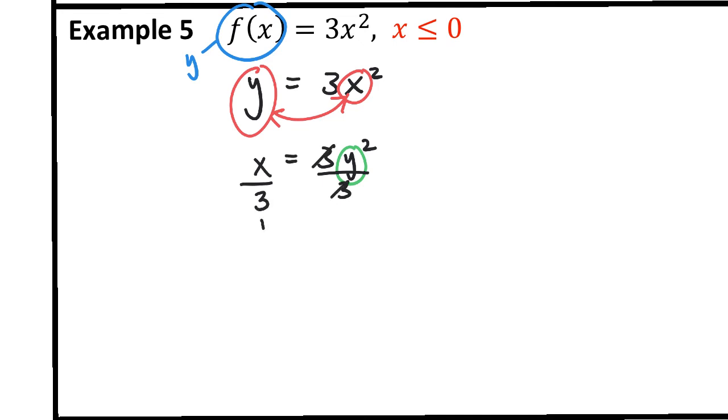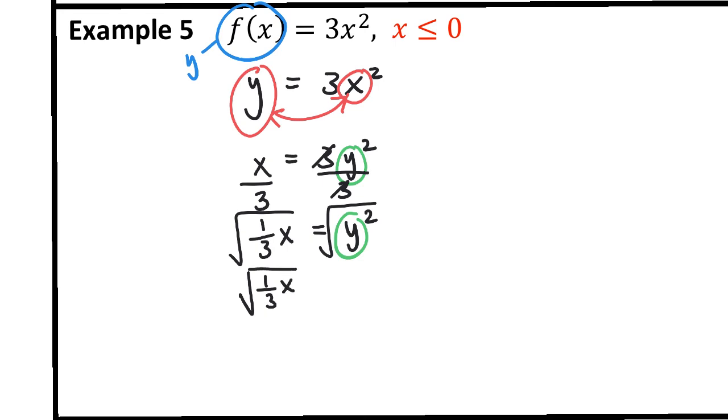Here I'm going to have 1/3 x equals y squared. I still need to solve for y, so I need to get rid of the square. So square root both sides. And I know what you're probably thinking, right? You're probably saying this is the same equation that we did earlier.